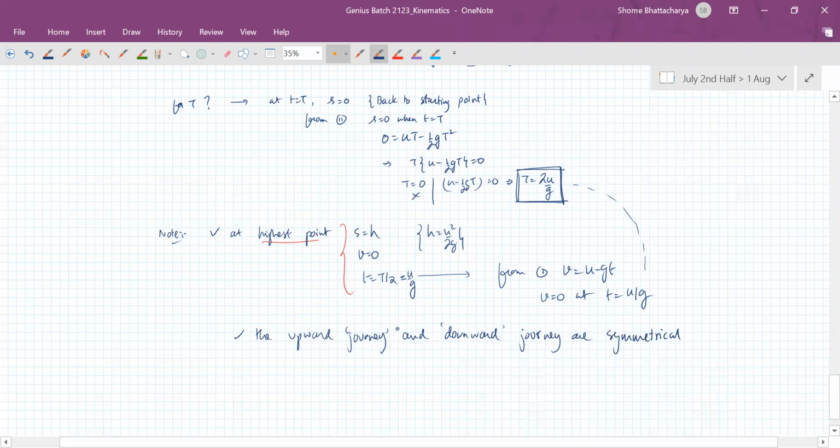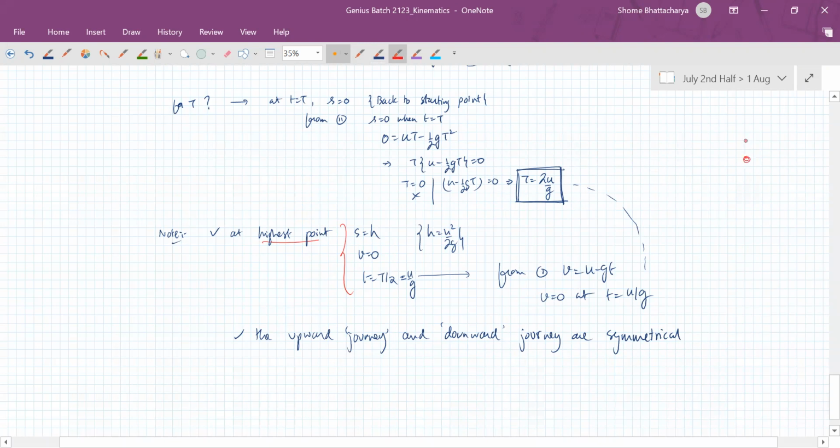Sir, is there any special case in which capital T is not 2 into small t? I mean, the total time is not double of the time taken to go up. Not a special case in motion under gravity. But yes, if along with gravity you take into account a significant amount of viscous force or air drag, then that will happen. Then the upward and downward motion will not be symmetrical. It's a very easy way to understand why. Air drag force acts opposite to velocity, right?